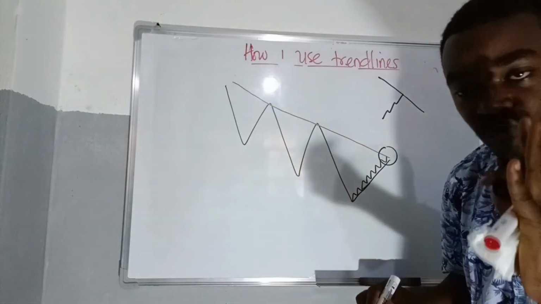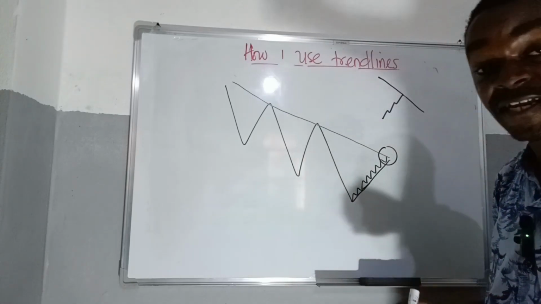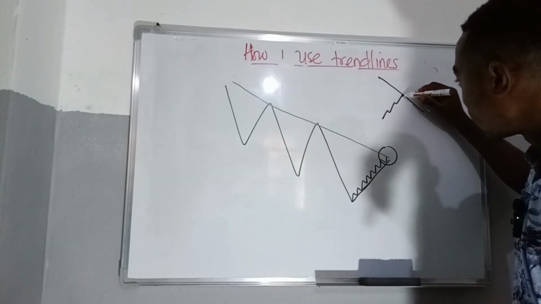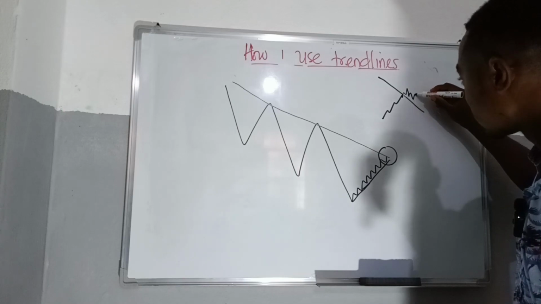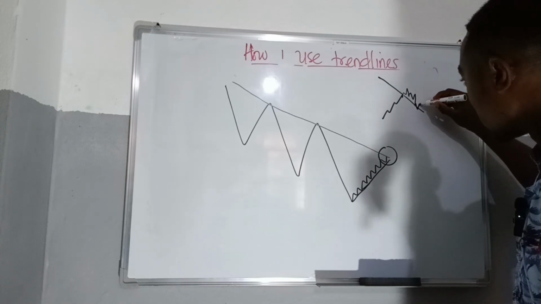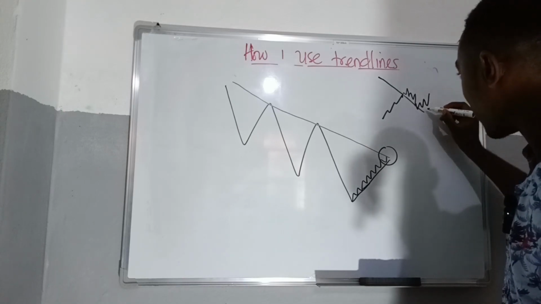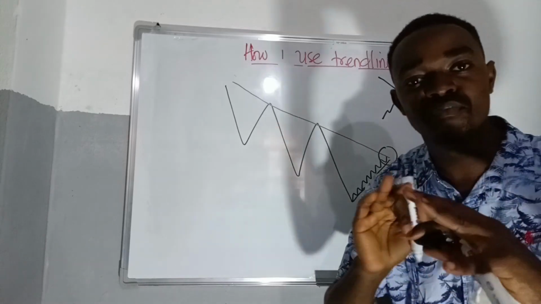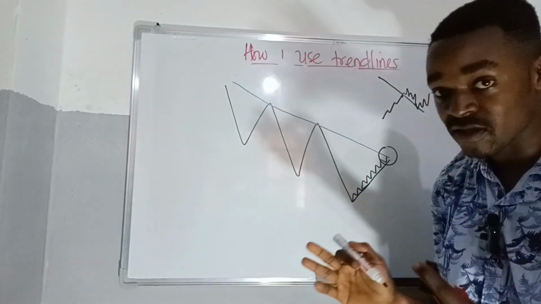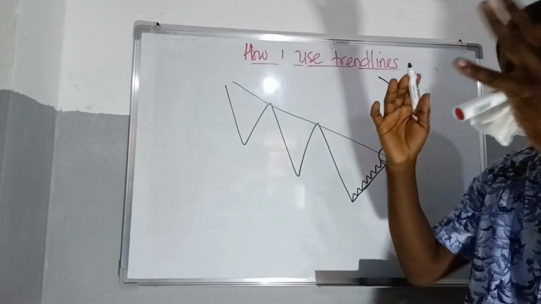If the market comes to that third touch and I was looking forward to sell, this is what I will do. I will wait for price to settle itself, play around, and I start looking for a break of structure at that level.